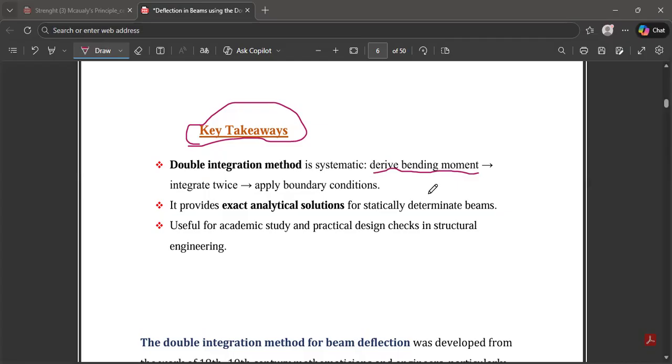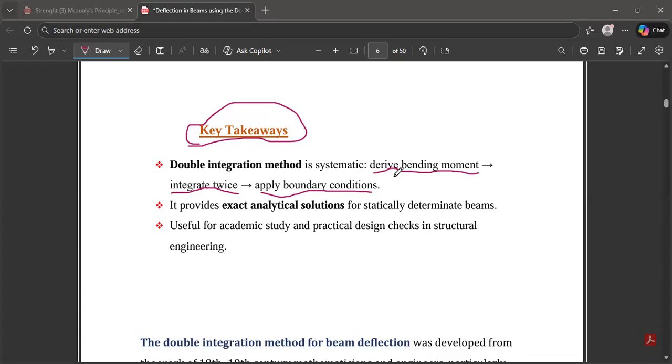Then we derive our bending moment equation. Secondly, we do integration twice. Then we apply the boundary conditions to calculate the constants C1 and C2. I think that is all.